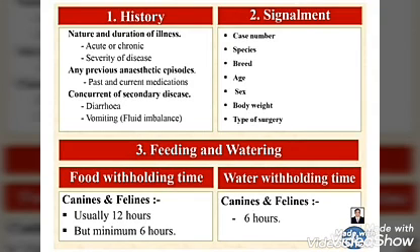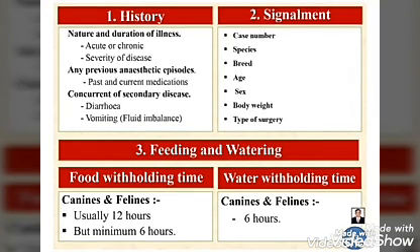The second one is the signalment. Signalment covers the case records, then breed, age, sex, meaning details about the animal, so detailed identification of the animal. Even the duration of the illness should be properly recorded.